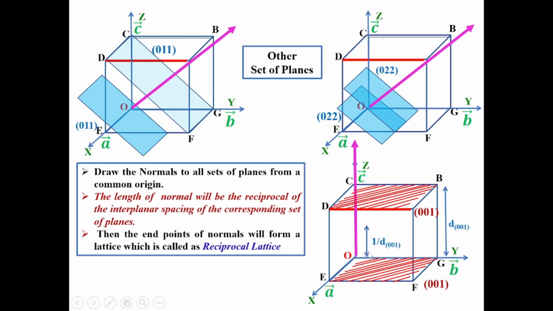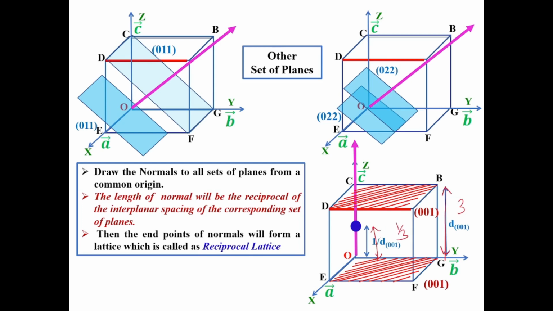So from the origin up to this much, we have to move on the normal, and we put a point, and this point is called the reciprocal lattice point of this plane. For example, just consider that this interplanar spacing is 3. So this distance will be how much? This distance will be 1 by 3, right?